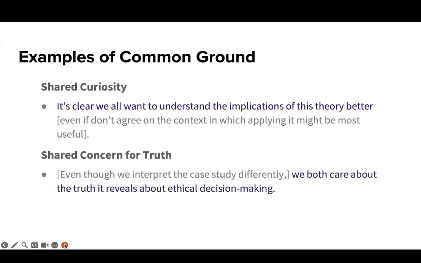Here are more examples of finding a common good, this time rooted in human curiosity and a shared concern for getting to the truth. So in terms of curiosity, let's look at this statement. It's clear we want to understand the implications of this theory better, and then, okay, the text in which applying it might be most useful.